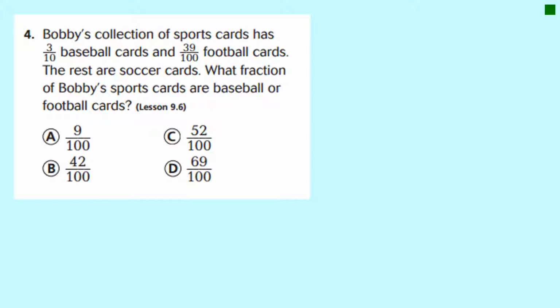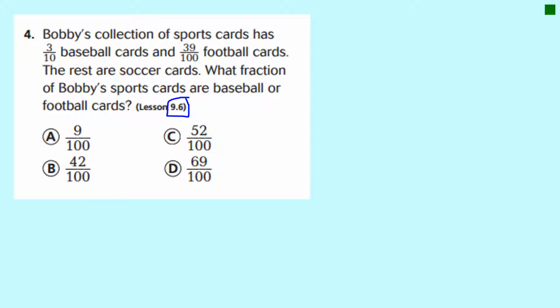Yes, we are. Right here, lesson 6 in chapter 9. All right, let's take a look at this. Bobby's collection of sports cards has 3/10 baseball cards and 39/100 football cards. The rest are soccer cards. What fraction of Bobby's sports cards are baseball or football cards?